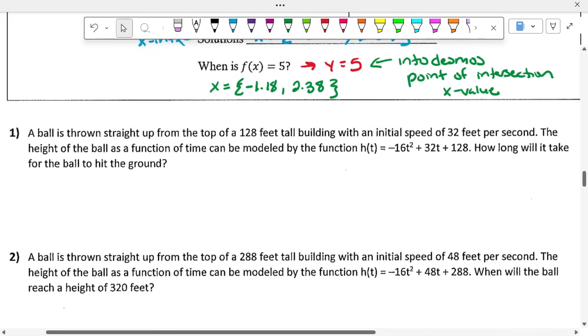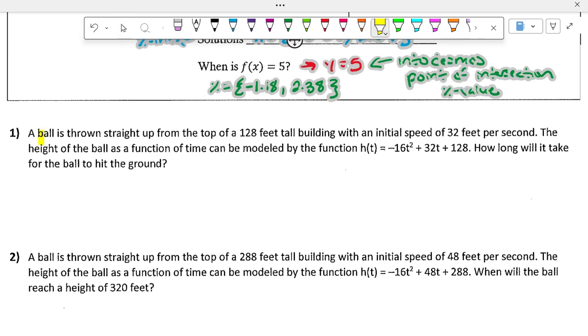So let's look at this first problem and see if we can figure it out. All of these things that they're talking about are going to be some form of key feature that we just mentioned. A ball is thrown straight up from the top of a 128 feet tall building.